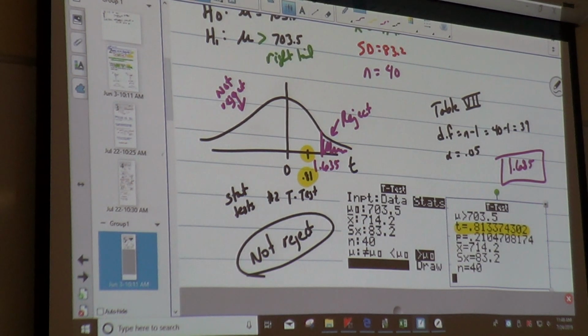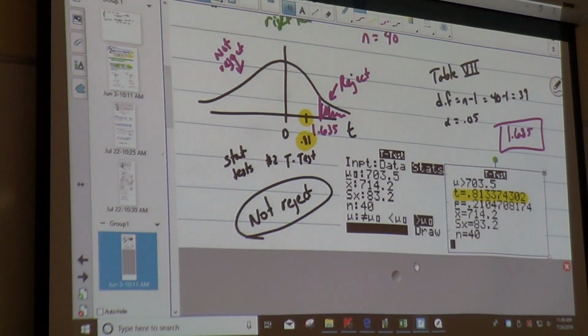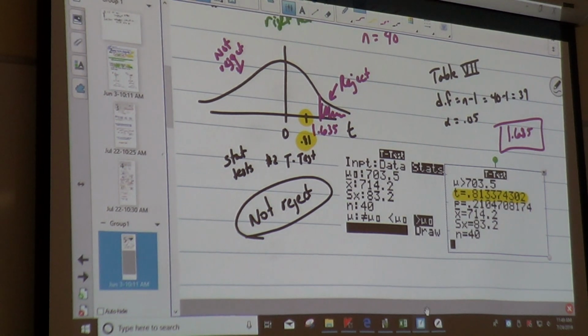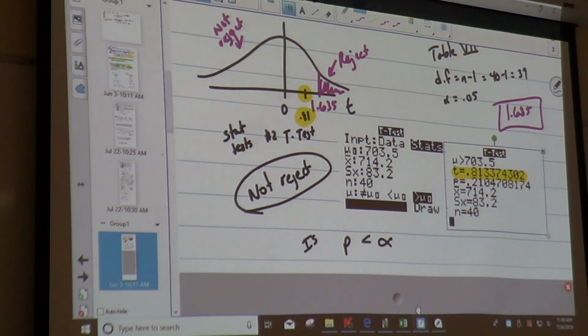Now, I can do a second test just to verify. My second test would be asking, is P less than alpha? So, if I'm doing that test, I would be looking at this value. My P value is 0.210. Is that less than alpha, which is 0.05?